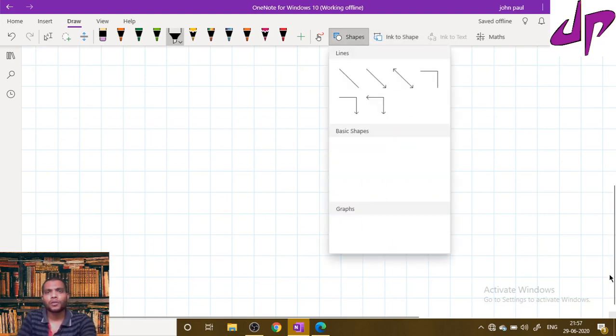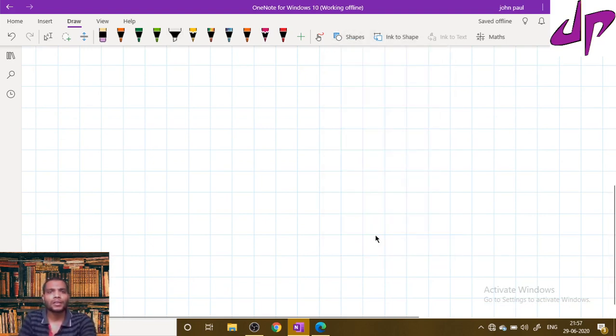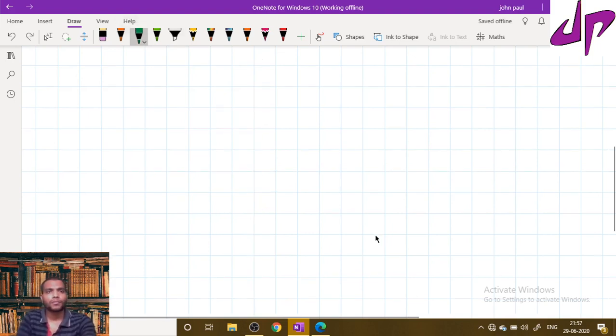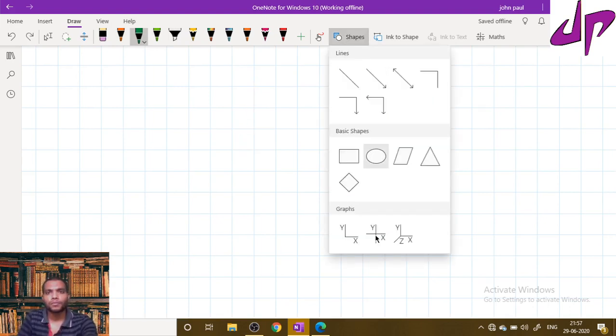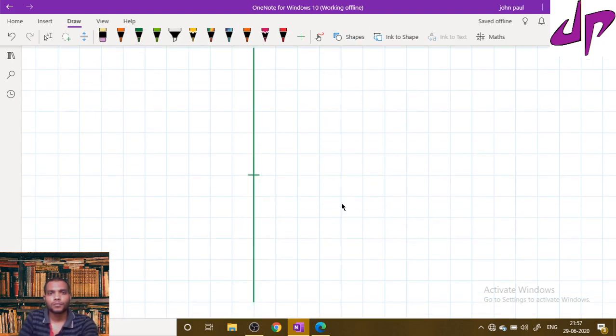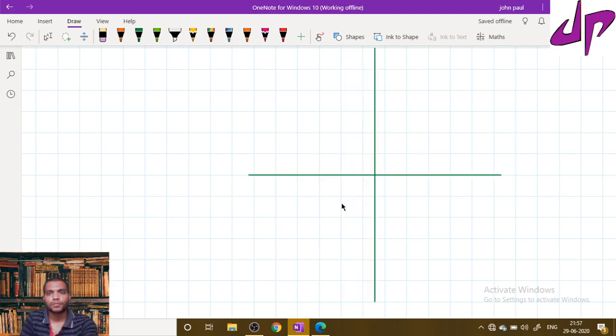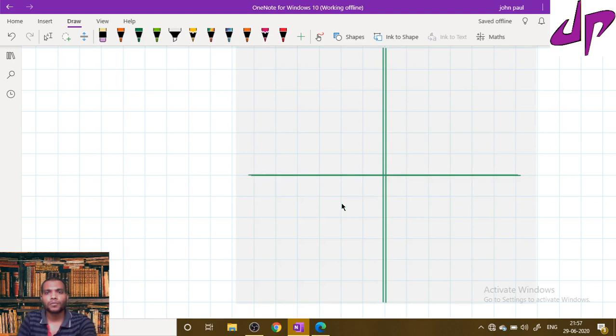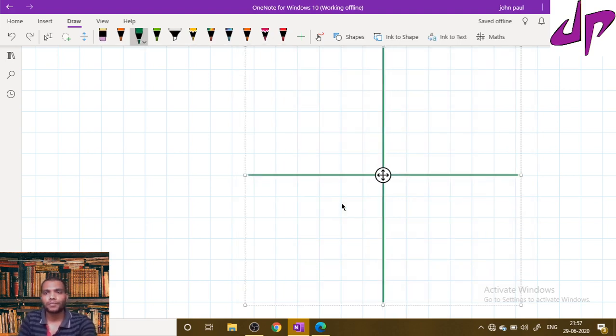You already know how to draw a two-dimensional graph. So this is the two-dimensional graph, which you already know how to draw.